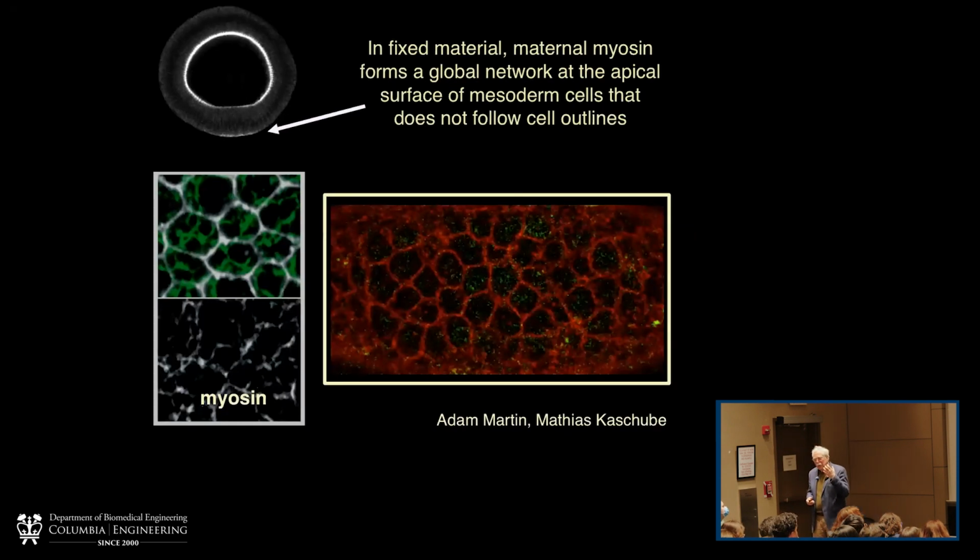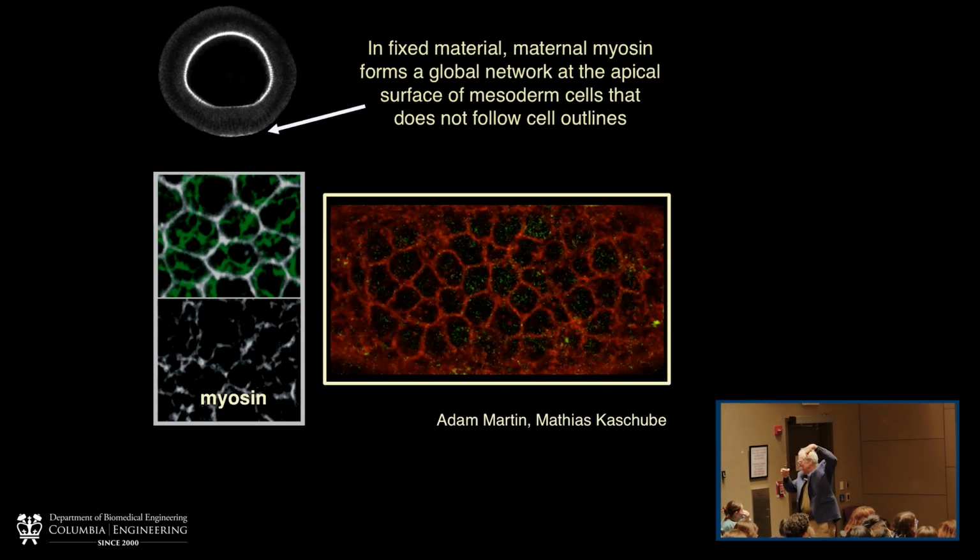Now, one of the interesting features is, say, okay, so it's all clear. You get myosin, you constrict the apices of cells, the cells become a smaller and smaller apical surface. What we had actually anticipated, to reduce the apical surface, was that some little band of myosin would form around the circumference, and the circumference would squeeze, and the individual cells would reduce their apical surface area.